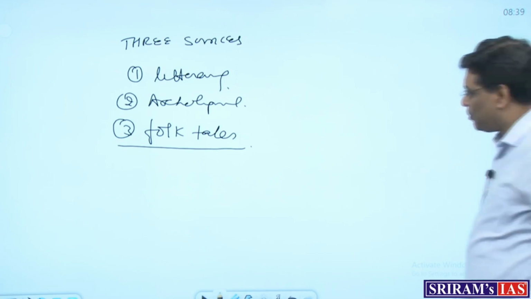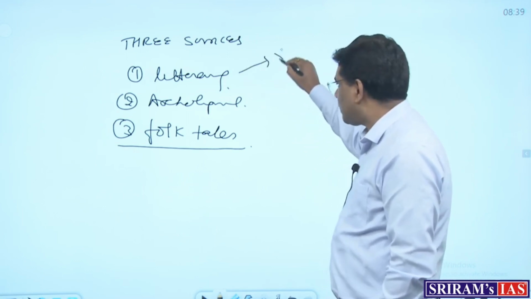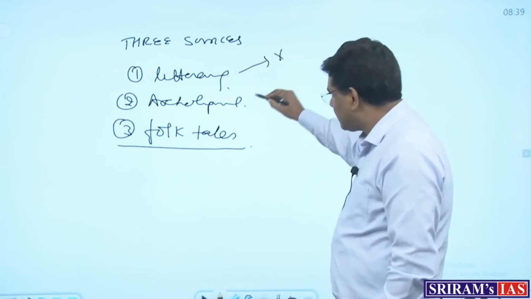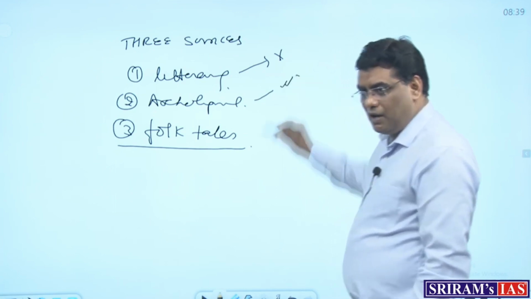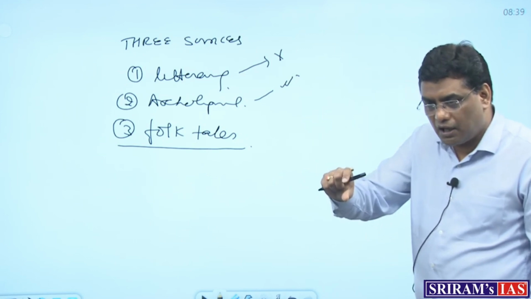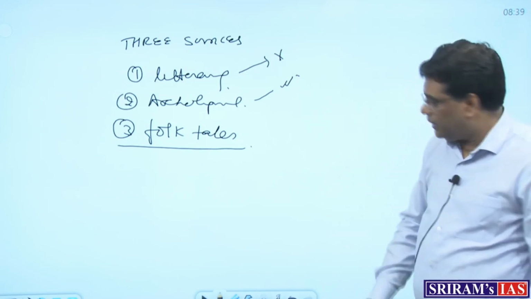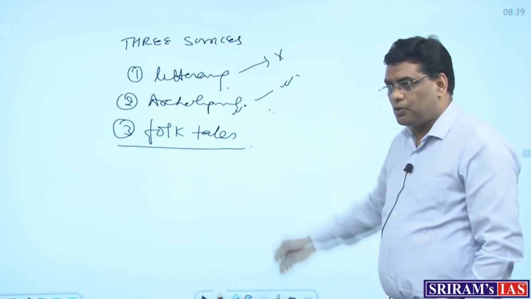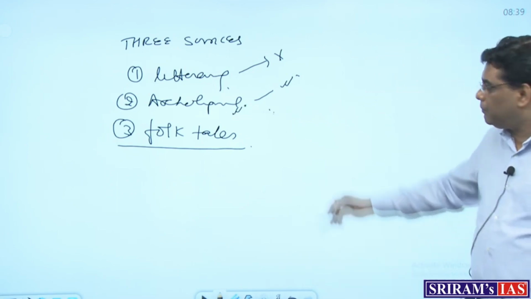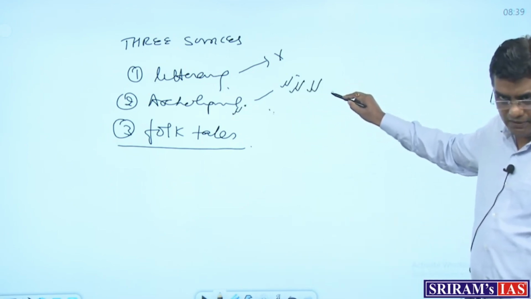So here, folk tales. Literary sources are not as important as archaeological sources, because in archaeology we can use the carbon dating scientific method to put the date and then try to find the analysis. So the archaeological source is the most reliable source to understand ancient India.